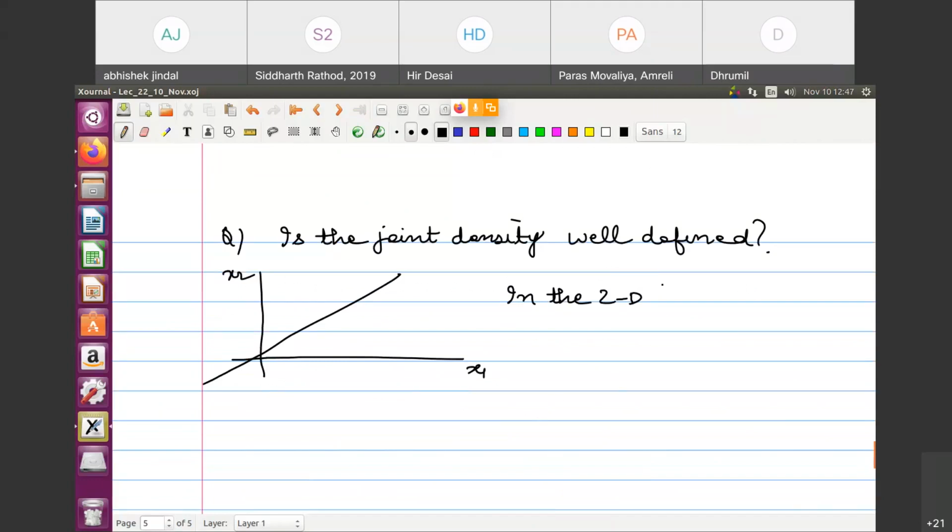So in the 2D plane, all of the probability mass is collapsed onto the line.